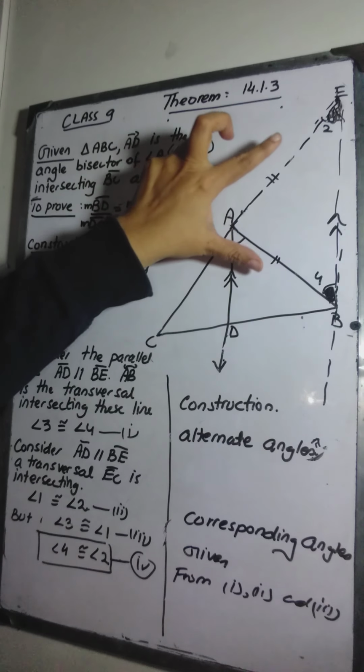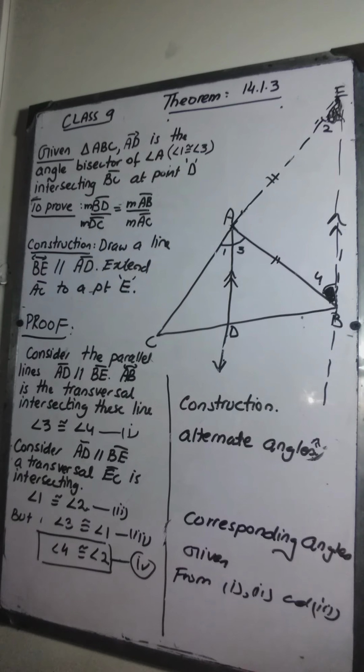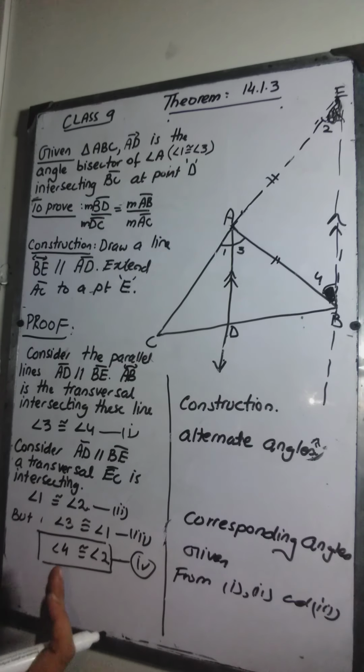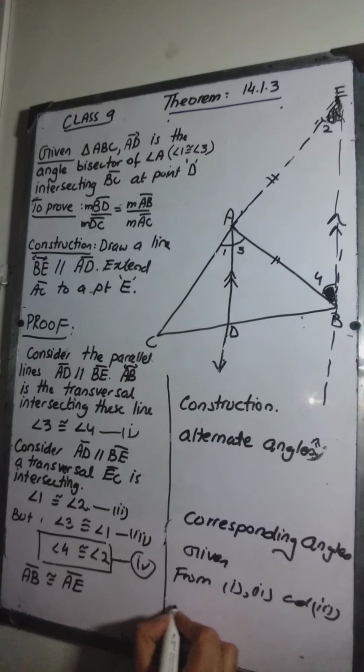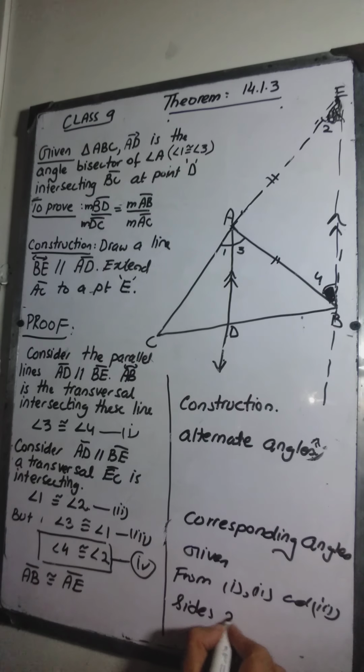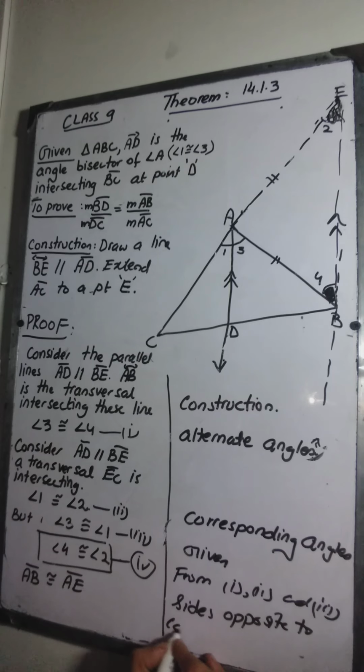This means that these two sides are also going to be congruent, because the sides opposite to congruent angles are always congruent. It means that AB is congruent to AE. This is because sides opposite to congruent angles of the triangle.